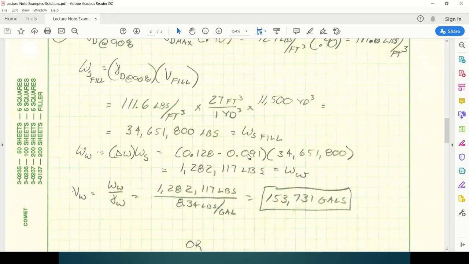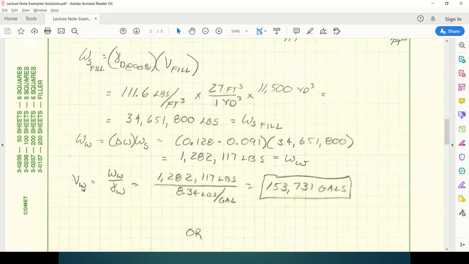So I'm going to take 34,651,800 pounds of fill, because I calculated the weight of solids, and figure out how much weight of water I need, which is 1,282,117 pounds.